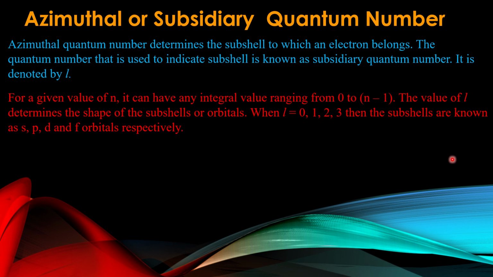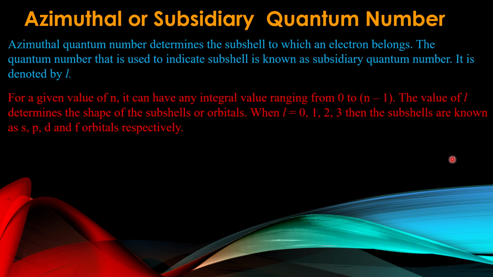For a given value of n, it can have any integral value ranging from 0 to n minus 1. That means the value of l depends on n. Its value ranges from 0 to n minus 1. The value of l determines the shape of the subshell or orbitals.